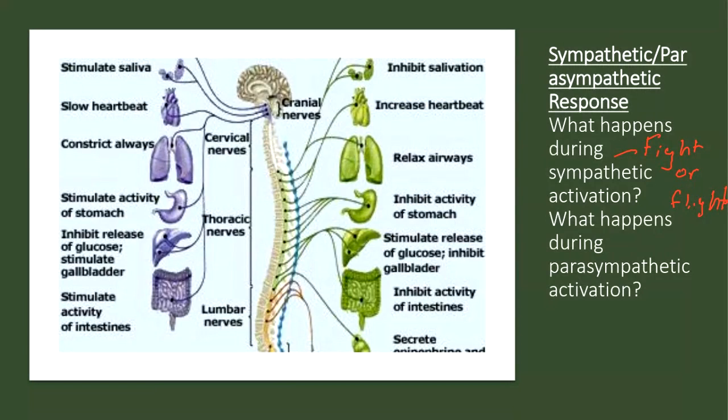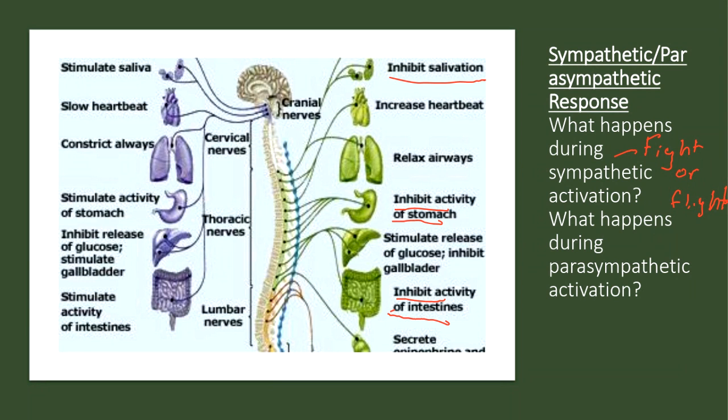So of course, we do not want anything to do with digestion going on, right? Because we're in immediate danger. We need to get the heck out of here. So we stop producing saliva. Our stomach activity comes to a halt. Intestinal activity comes to a halt because we don't want these things to be working. We want to run and get the heck out of there.